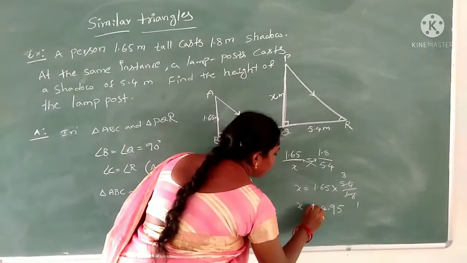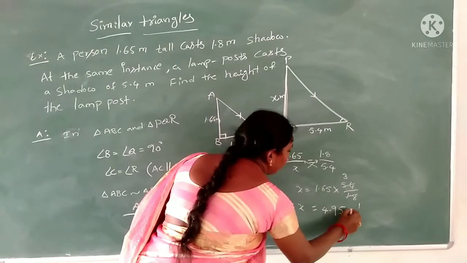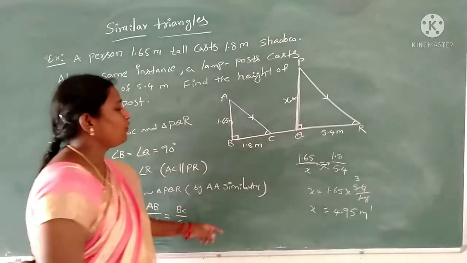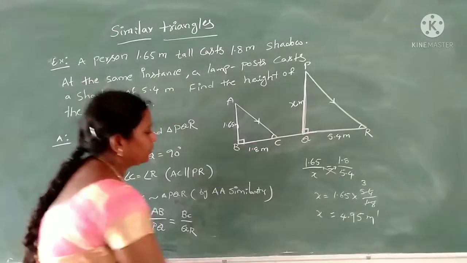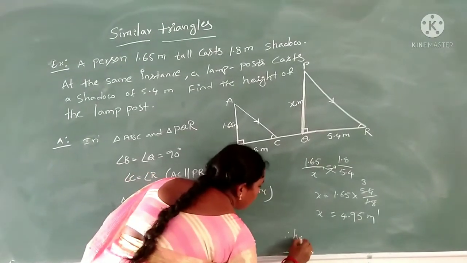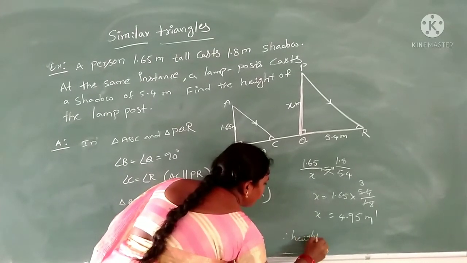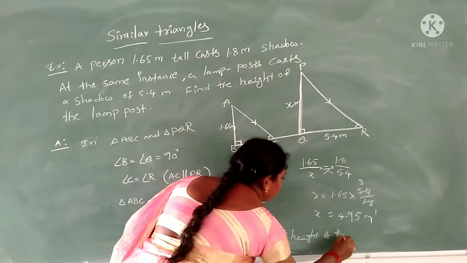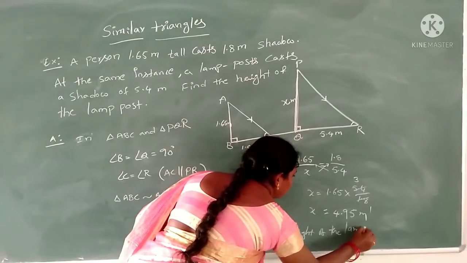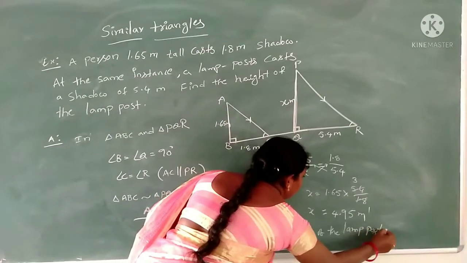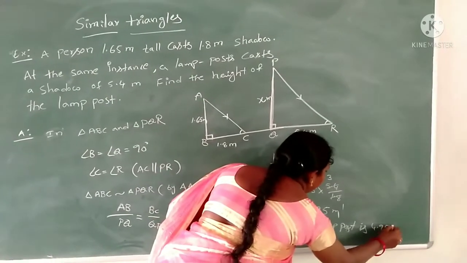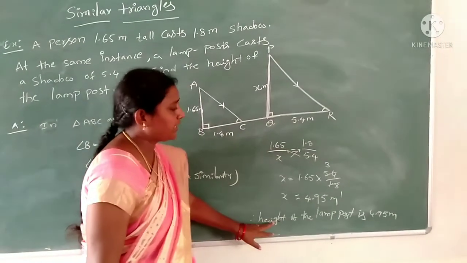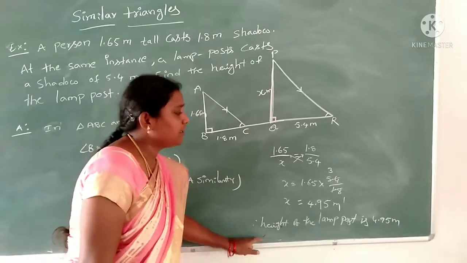So x equals 4.95 meters. What is x? The height of the lamp post. Therefore the height of the lamp post is 4.95 meters.